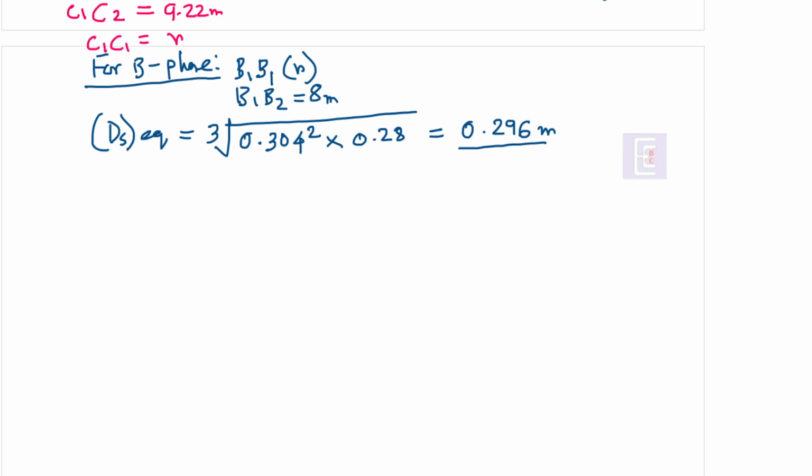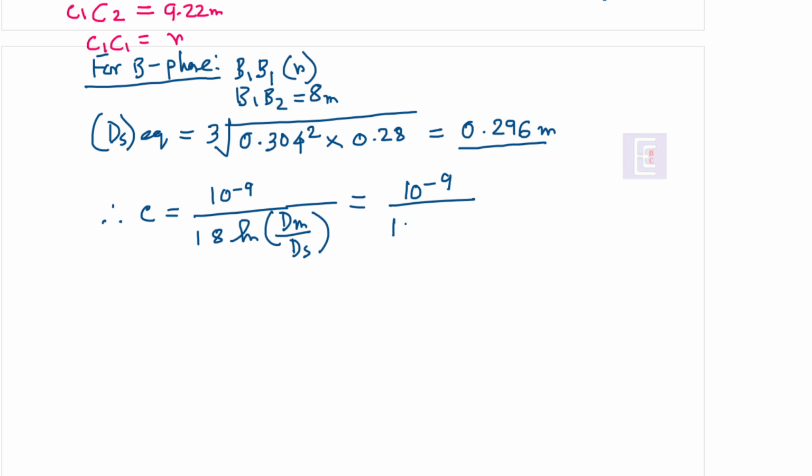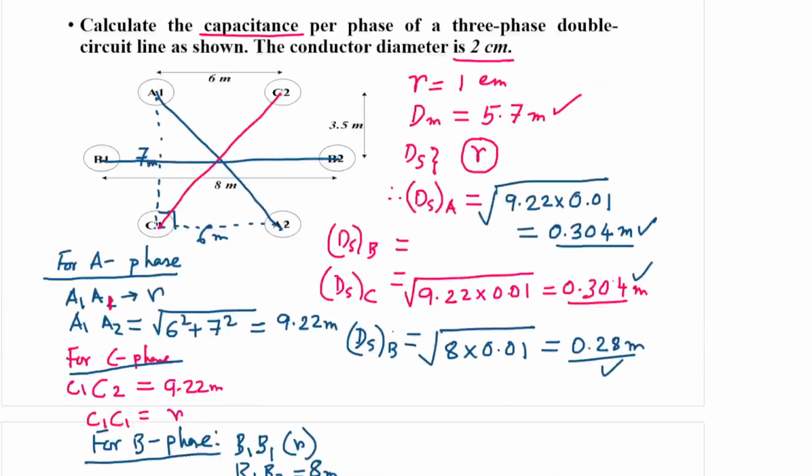So now we can calculate the capacitance C. What is the capacitance value? As you know, C is equal to 10 to the power minus 9 by 18 ln Dm over Ds. Putting those values, what is Dm? I hope it was 5.7 meter.